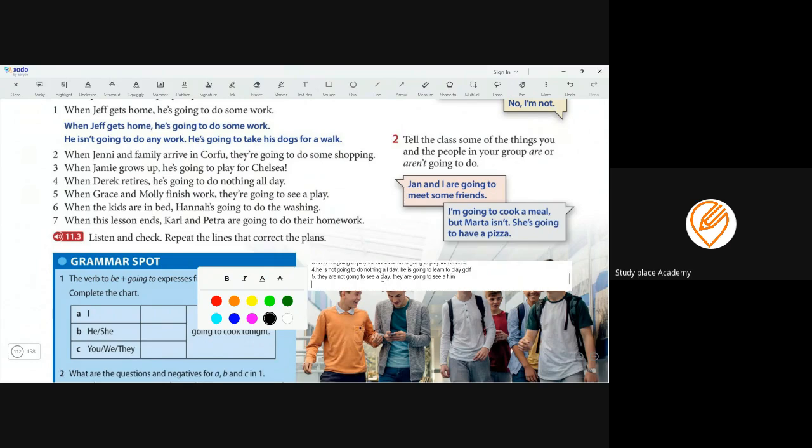Okay. And number six. When the kids are in bed, Hannah's going to do the washing. No, she's not going to do the washing.